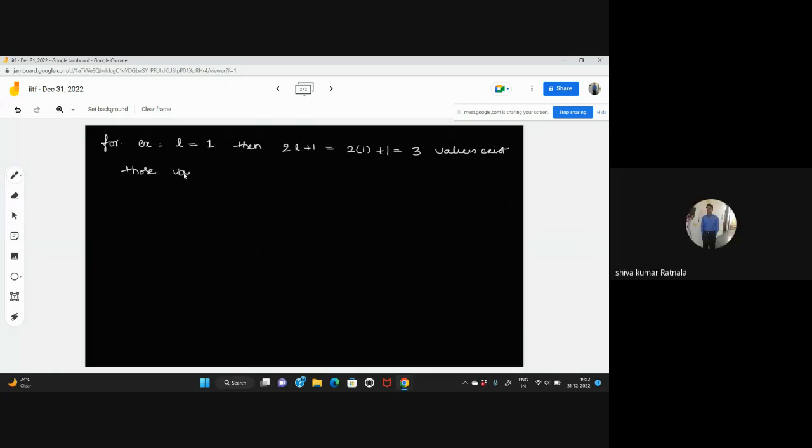Minus L means minus 1, and 0, and plus 1. L equal to 1 means which orbital? L equal to 1 means p orbital, right?